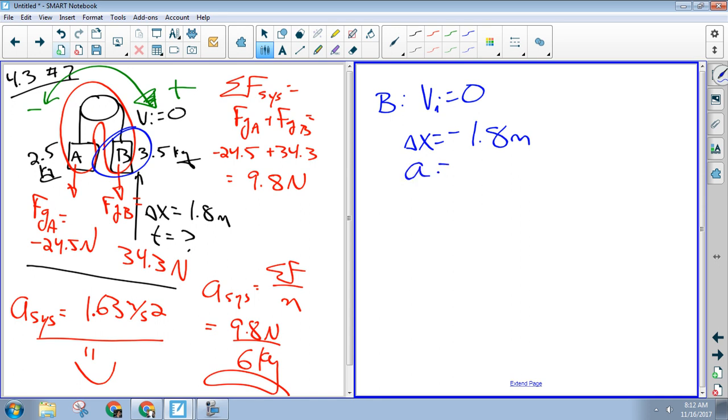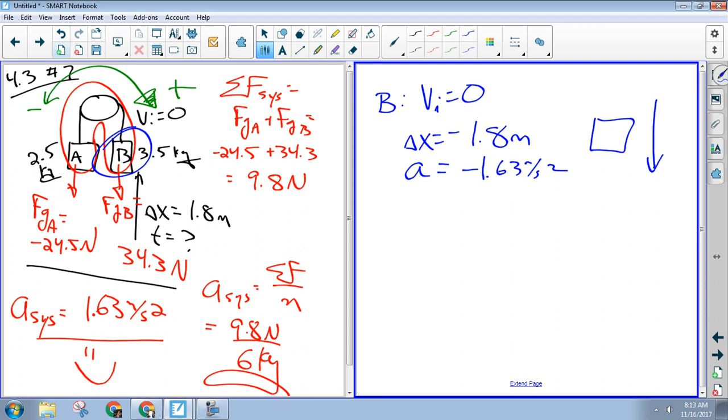What's the acceleration of block B, you guys? It's 1.63 sorta. Why sorta? Which way is block B going to go, you guys? Block B is going to go down, isn't it? So the acceleration from a block B perspective is negative 1.63 meters per second squared, right?